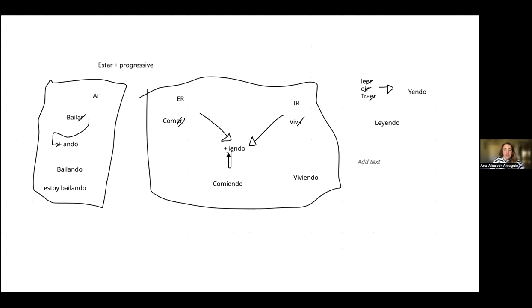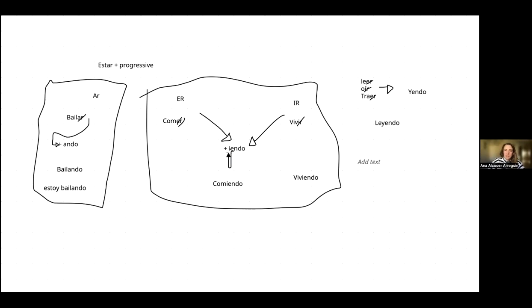So ir, which is to go, would be yendo without anything. Poder is pudiendo, and venir is viniendo.